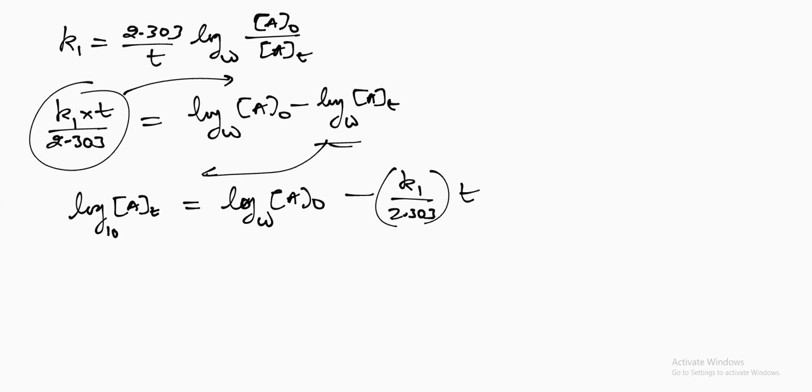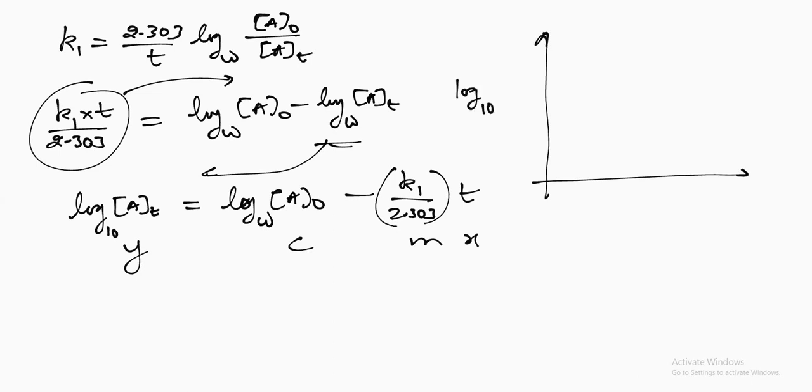Now, if I plot, see, this is also similar to the equation of the straight line, y is equal to mx plus c. So, if I plot log base 10 A_t in y-axis and time in x-axis, we'll get a straight line with a negative slope as before. But now, see, this is the slope.